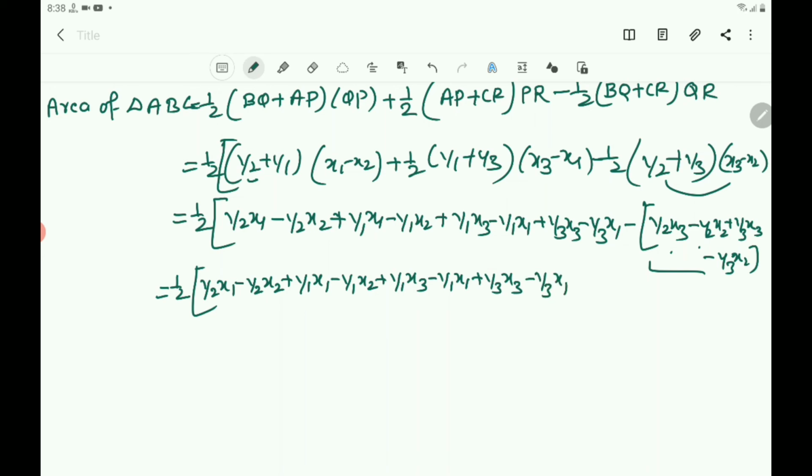Open the bracket: it becomes minus y2 x3, minus becomes plus y2 x2, minus plus becomes minus y3 x3, and minus becomes plus y3 x2.